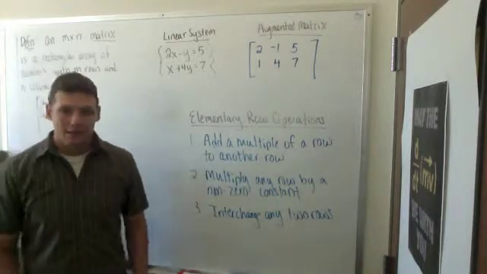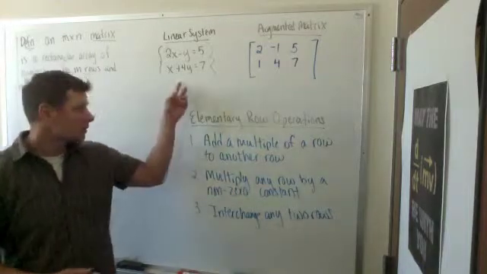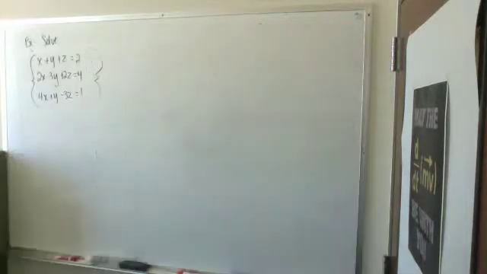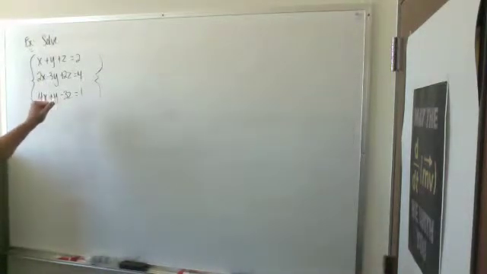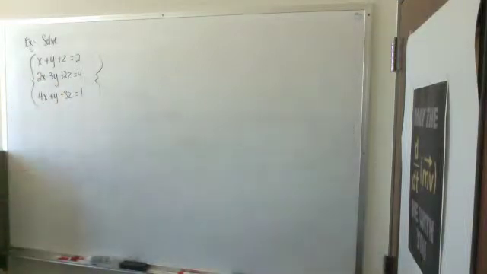What we're going to look at next is an example of given a linear system, converting it to a matrix, and solving that matrix. Similarly to how we solved systems of equations by getting rid of variables using the process of elimination, we're going to do that same idea just using matrices, because it saves us a lot of time writing x's and y's and z's and that type of thing.